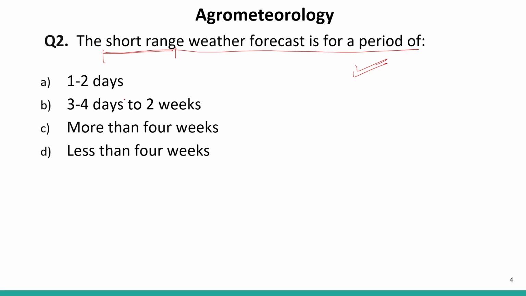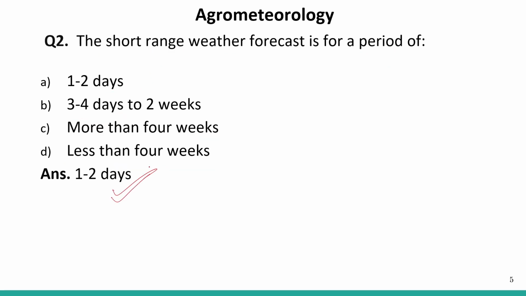The options are 1 to 2 days, 3-4 days to 2 weeks, more than 4 weeks, and less than 4 weeks. Short range is for a very short duration, so the correct answer is 1 to 2 days.